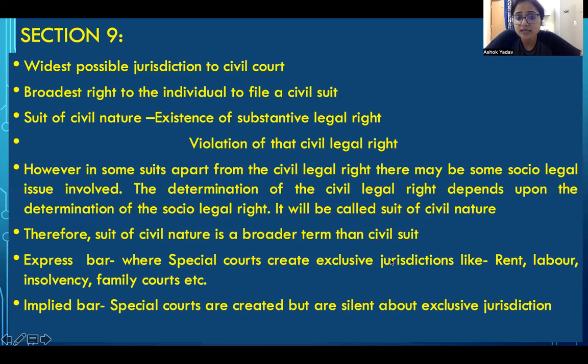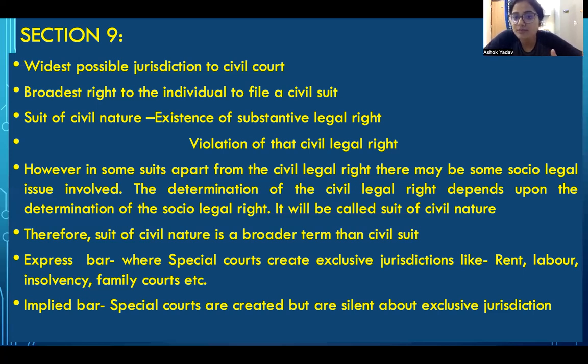That is, if any dispute arises pertaining to these matters, then the suit will be filed in these courts only. So herein an express bar is there. In these cases, you can't go to a normal civil court to file a suit, right? You will have to go to these special courts only. So this is the express bar.